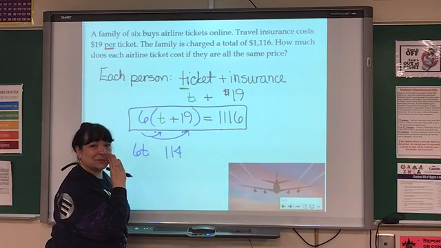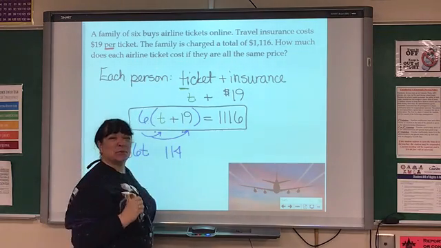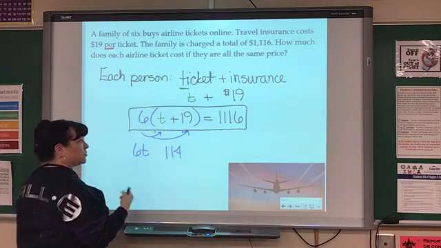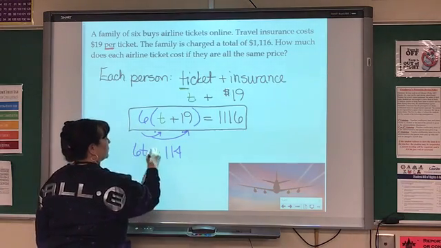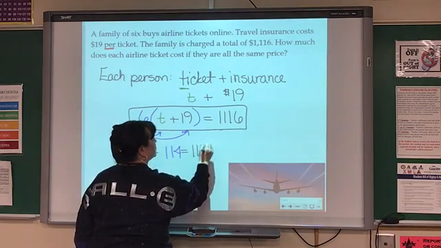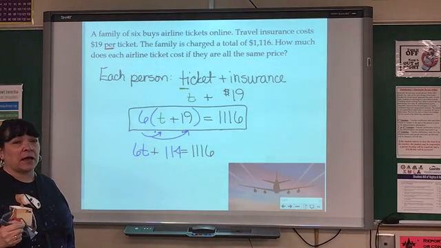I actually distributed when I did that because it was 6 times 9 and 6 times the 10. So I have distributing inside distributing. I'm then going to add, and that equals 1,116.